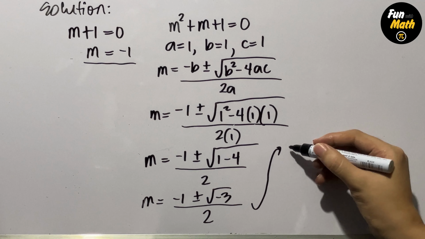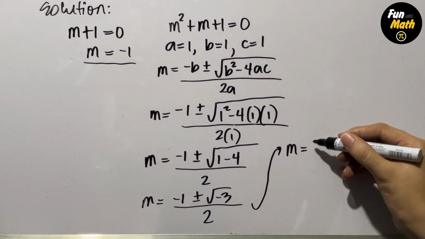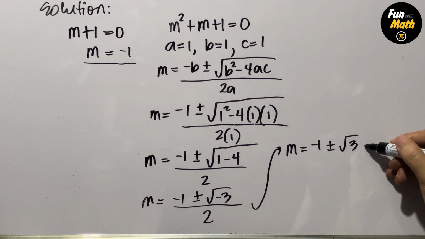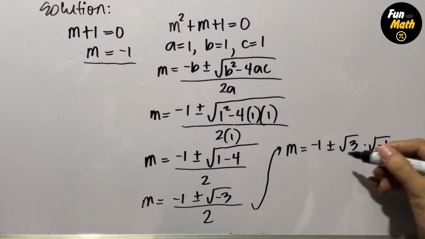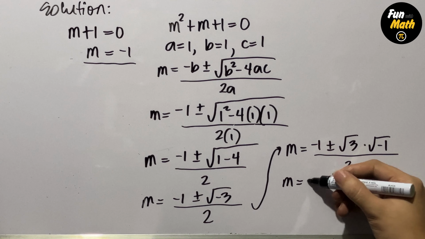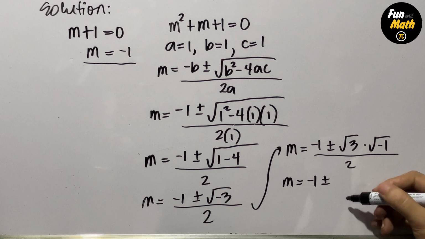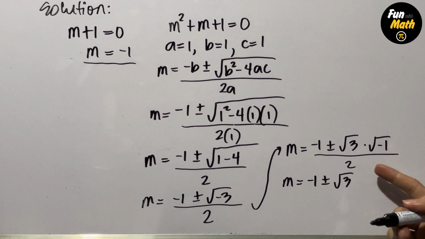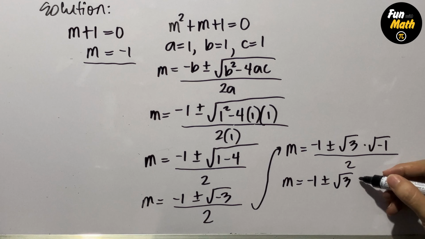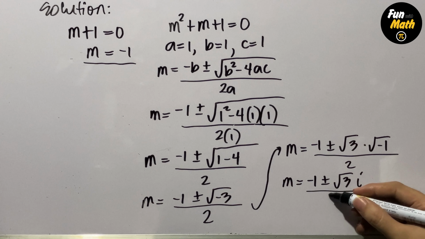So that is m equals negative 1 plus or minus the square root of 3 times the square root of negative 1, which is equal to i, so this is i, all over 2.